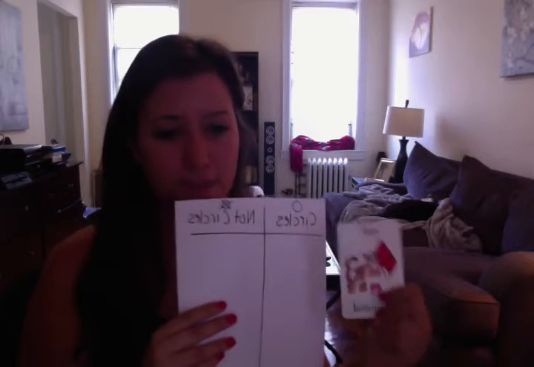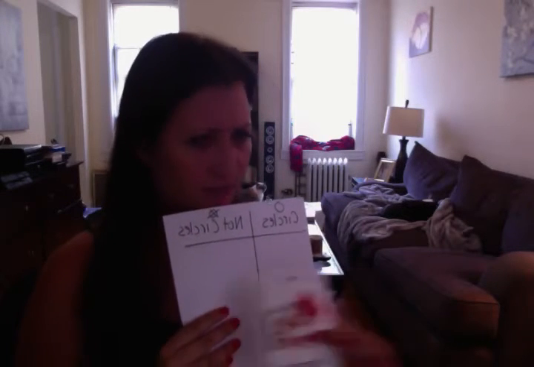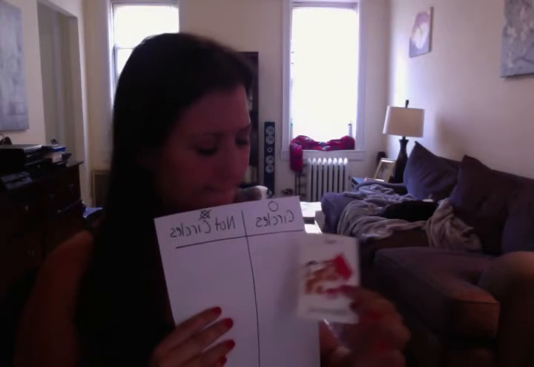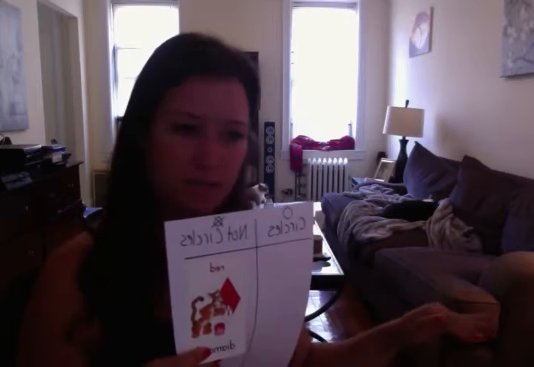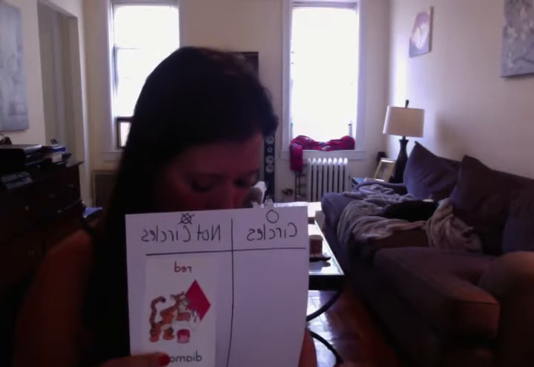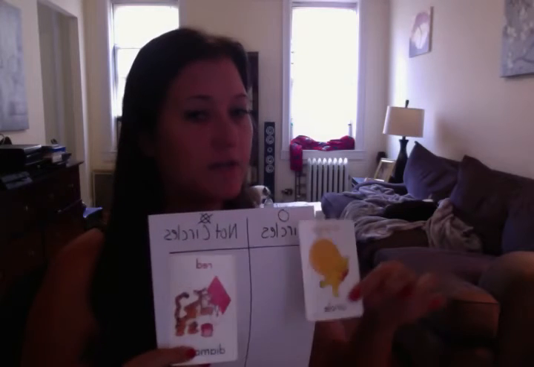So I would first model for the student and say, circle, yes or no? It has 4 sides and 4 corners, but circles have no sides and no corners. So I'm going to say no, this is not a circle. And then now I would ask, now you try, is this a circle or not a circle?